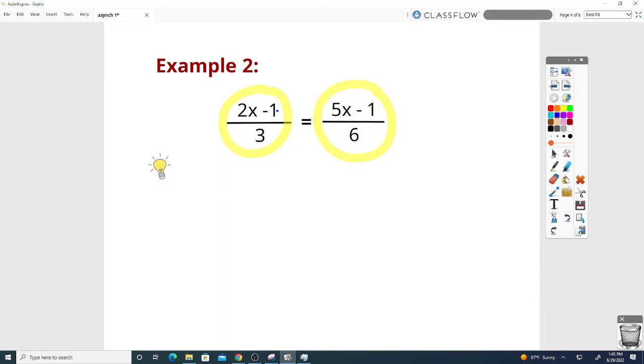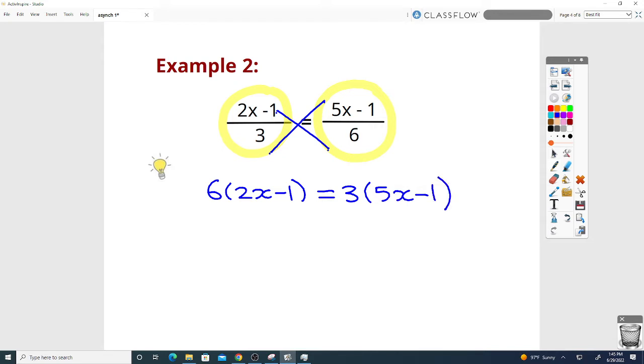Cross multiplying, we multiply this by this, so we have 6 multiplied by 2x minus 1, equal to 3 multiplied by 5x minus 1. Now we can see that we got rid of the fractions.